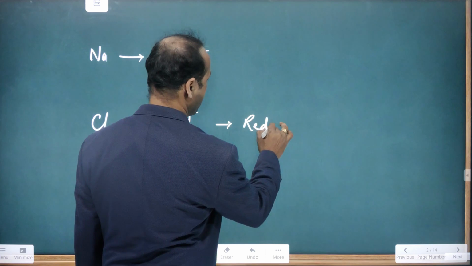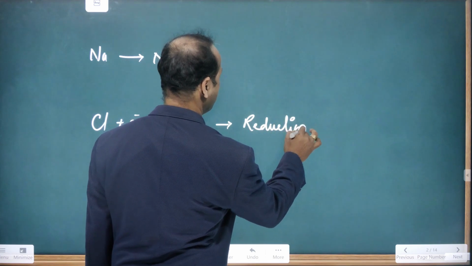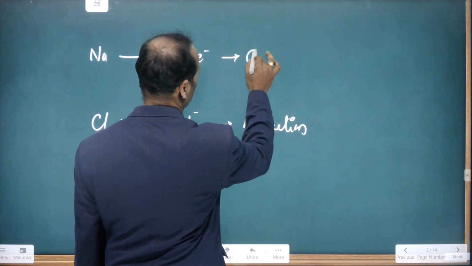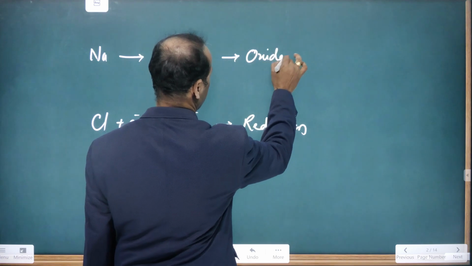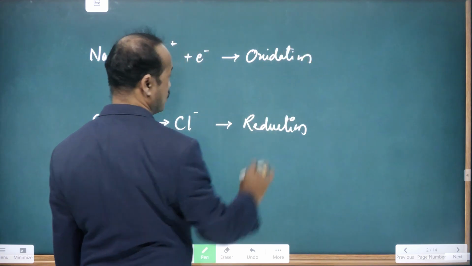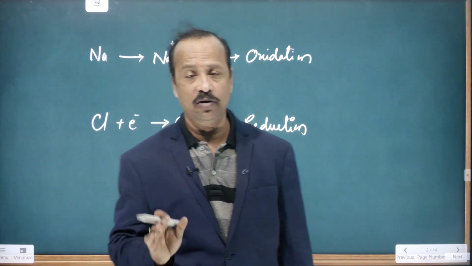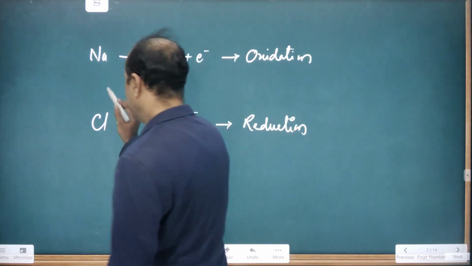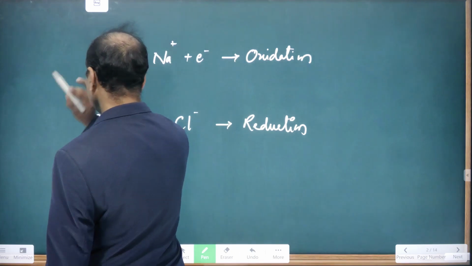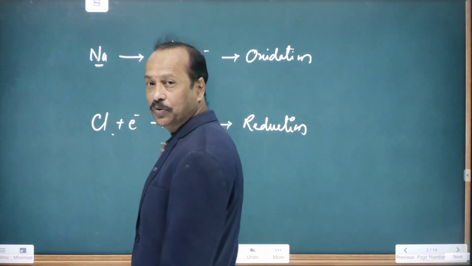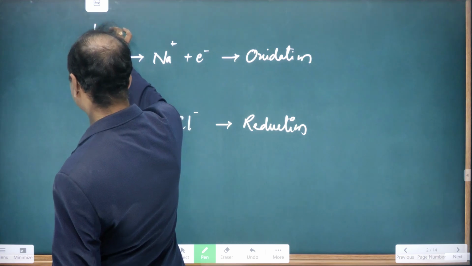This is a reduction, and this is an oxidation. This we discussed in the last class. One more easy way to remember how to say whether it is oxidation or reduction: this is a neutral atom, and for a neutral atom the oxidation number is 0.